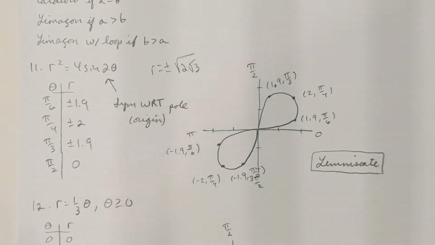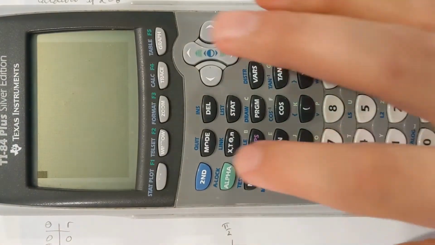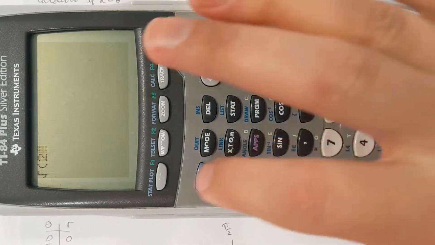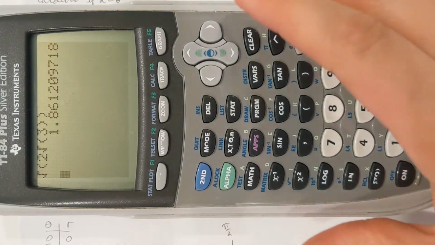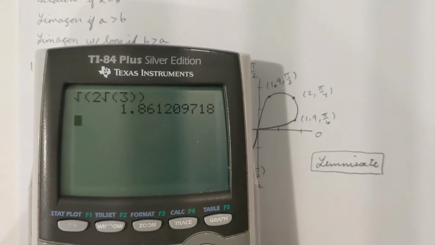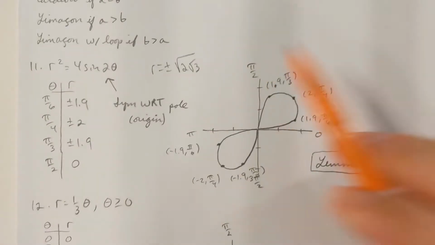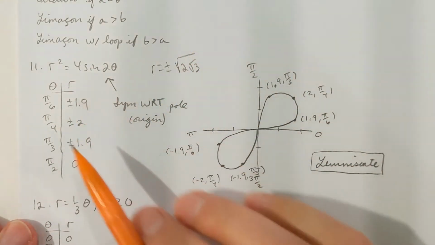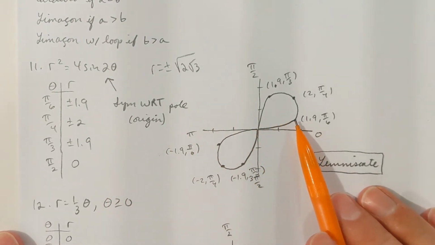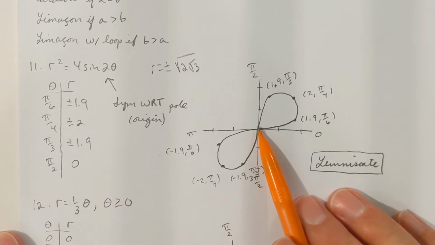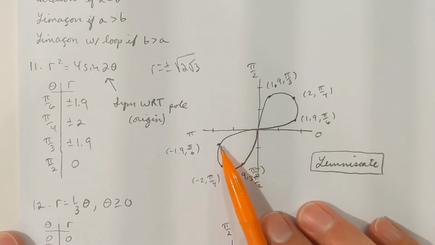Okay, and if you go to the calculator and type that in, the square root of 2 root 3 is about 1.9 if you go nearest one digit. Of course, I got the plus or minus there, right? So on the pi over 6 radial line, I need to go 1.9 units. Also go in the opposite direction, 1.9 units, and plot that other point.